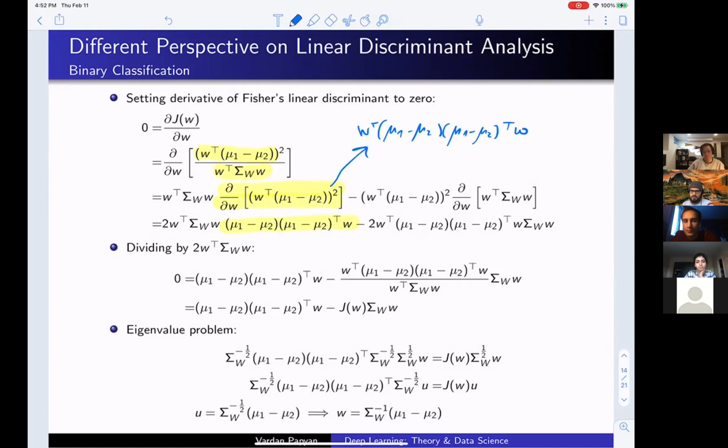Gina is asking, wouldn't it be divided by the bottom squared?